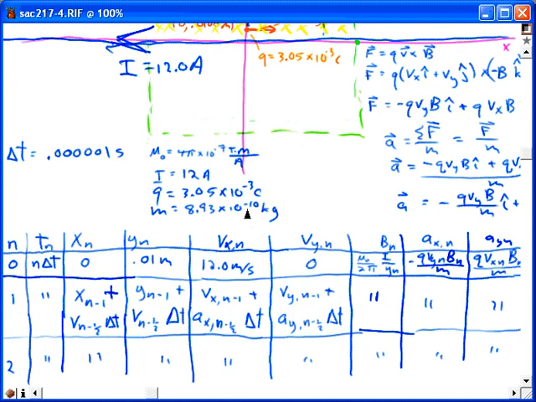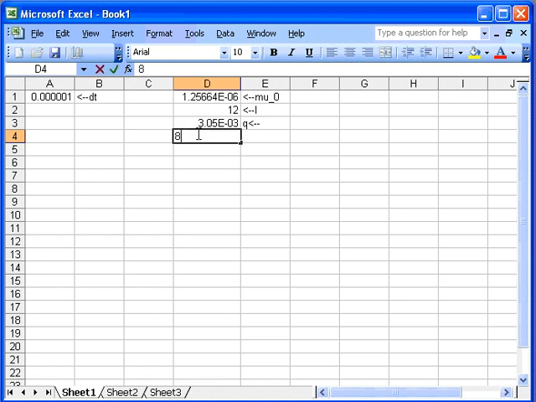Yeah. And then 8.93 times 10 to the minus 10, E minus 10, for the mass of the object. And I'll move down here in case I need a little extra room.